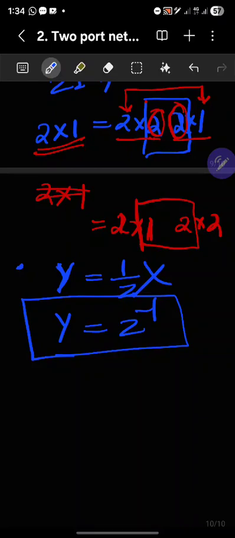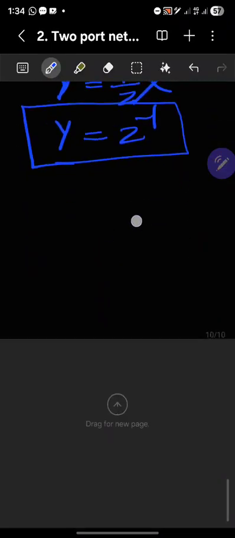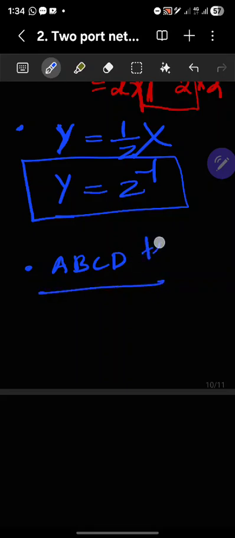Please remember these points. Next, let us move to other important parameters, ABCD parameters. ABCD parameters are also called transmission parameters. From the name itself, it is clear. It is describing the transmission. Transmission means from input to output or from output to input.